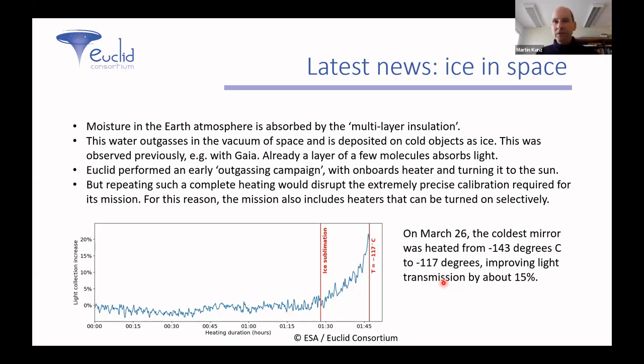And this water gets absorbed to some extent in the multi-layer insulation. And then when it's in space, it outgasses, and then it freezes onto the coldest objects as ice. And this ice, even at a few nanometers, at a few molecules depth, starts to absorb a significant amount of light. And so it was then observed that the throughput started to decrease.